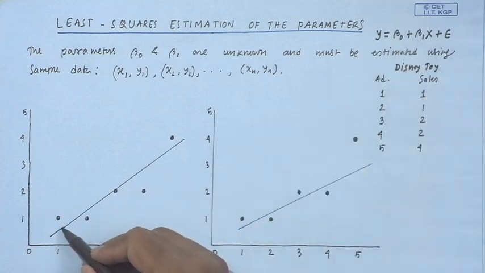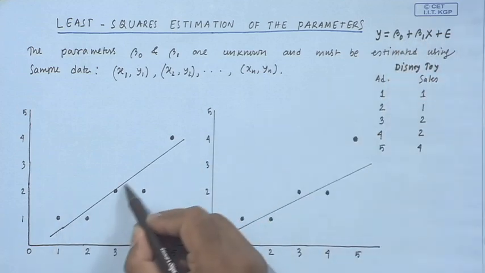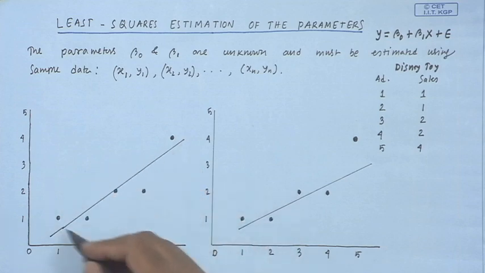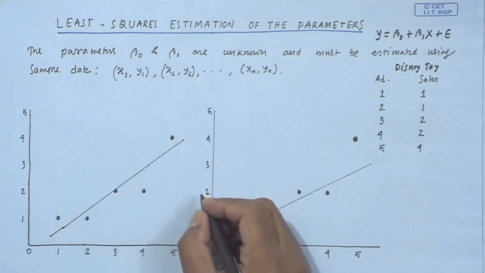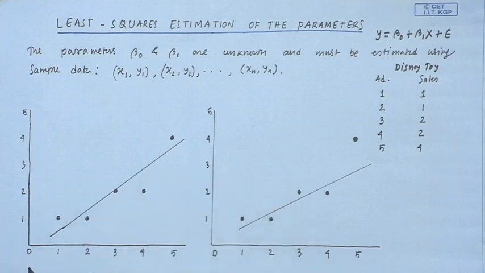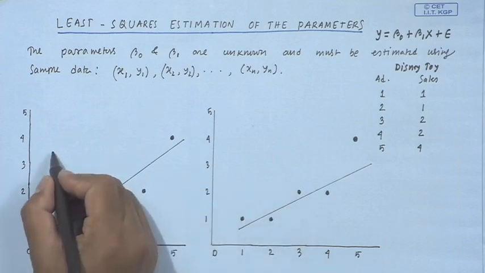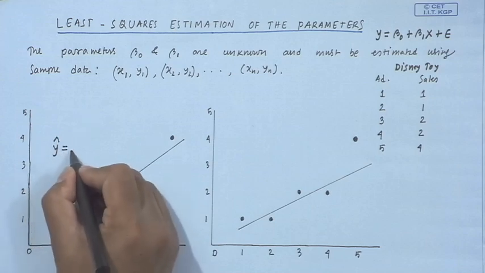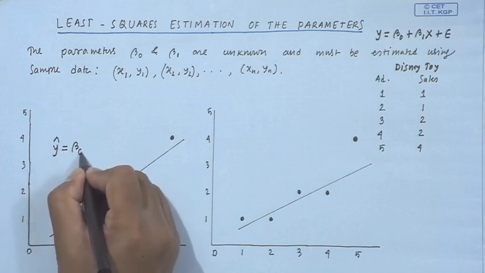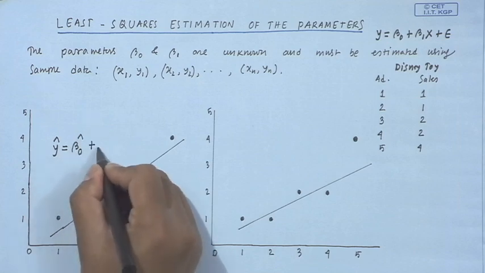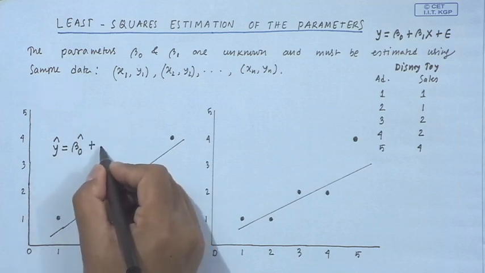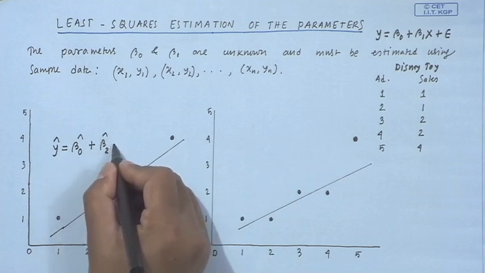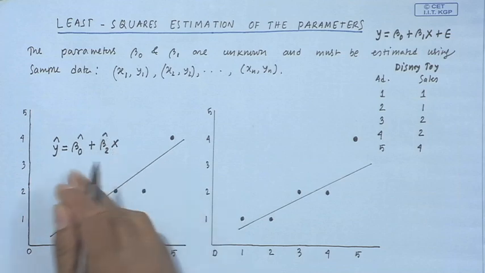That means we have to fit a straight line for the given data. Suppose the fitted model is y hat equal to beta naught hat plus beta 1 hat into x. So, this is the fitted line.